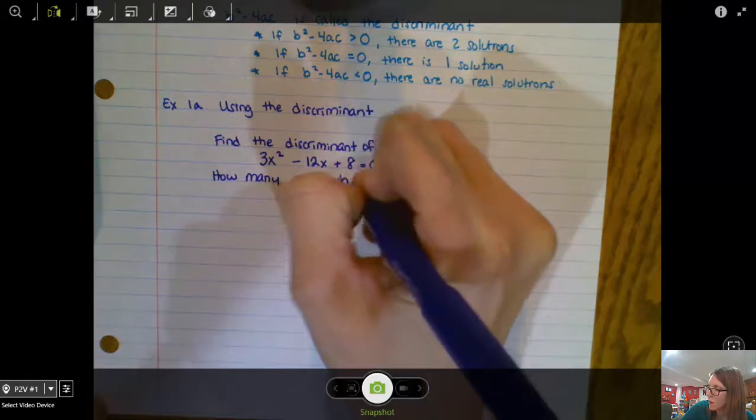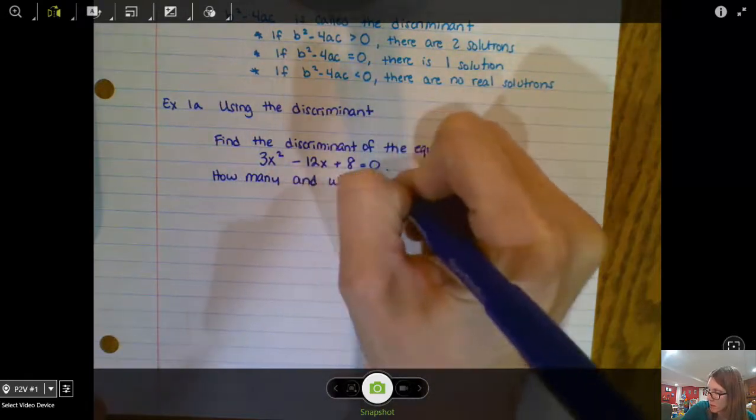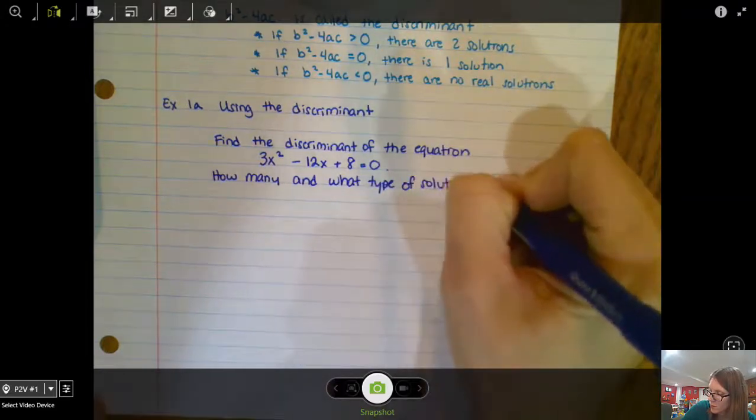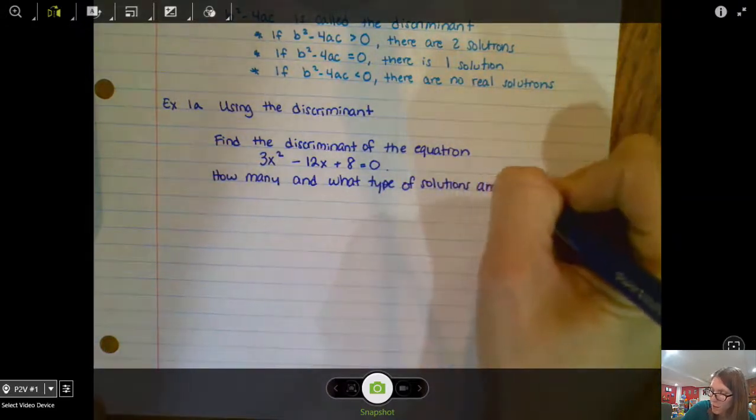How many and what type of solutions are there?